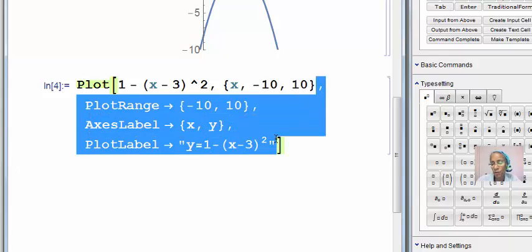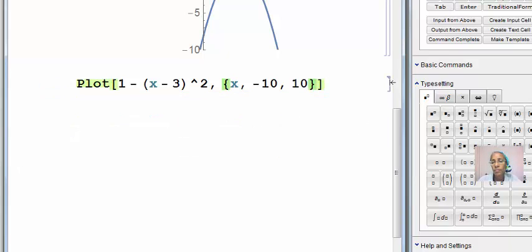Here's the bare minimum for graphing, and that is to just give the name of the function. And notice when you give the function, you give the expression that equals the function. You don't put y equals in here or anything, just the right side of f of x equals 1 minus the square of x minus 3.